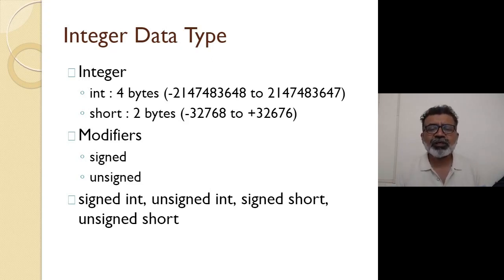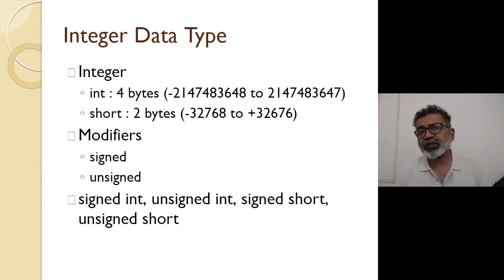So range is there -2147483648 to 2147483647. Right, now, you don't need to remember this. By the time you go on programming, you will definitely come to know what the ranges of integer and float and all these things are.